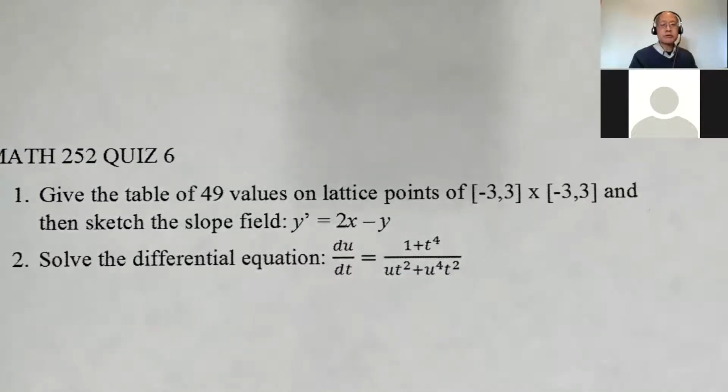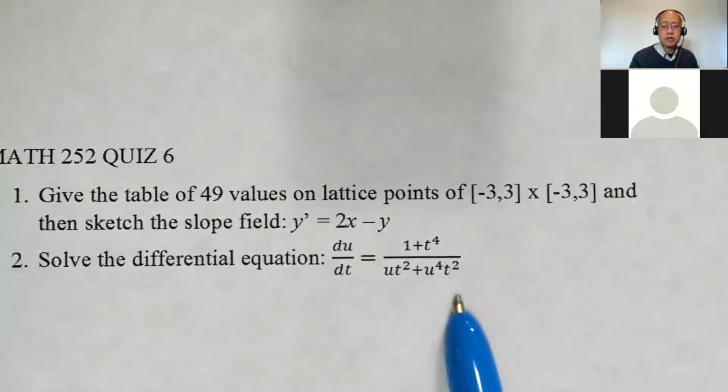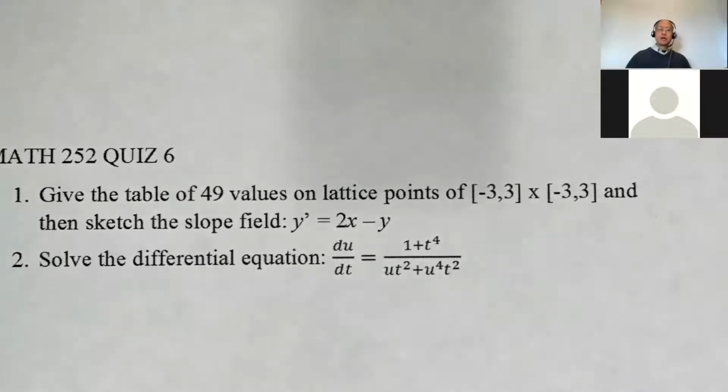Number 2, solve the differential equation du dt is equal to 1 plus t to the 4th over ut squared plus u to the 4th t squared. You want to write this in terms of factors.